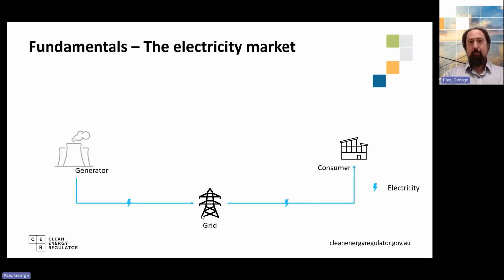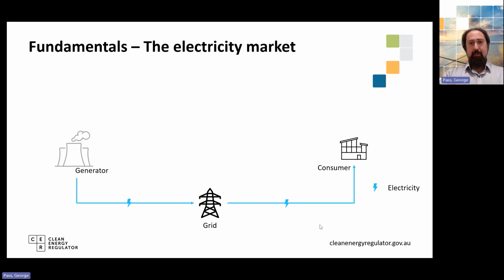It's helpful to understand a bit about how the Australian electricity market works. Now, I will say right now that I've taken liberties to simplify this content. But taking it back to basics, electricity is produced by a generator sent along cables to eventually provide power to a consumer.